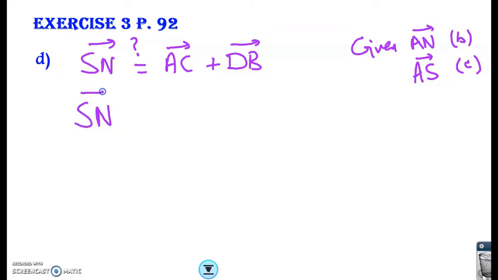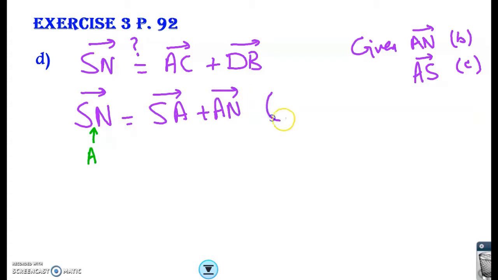So how do I find Sn knowing An and As? So clearly, since we know An and As, we think of inserting here letter A and applying Chasles's relation. So this will be Sa plus An using Chasles's relation, or Chasles's rule.